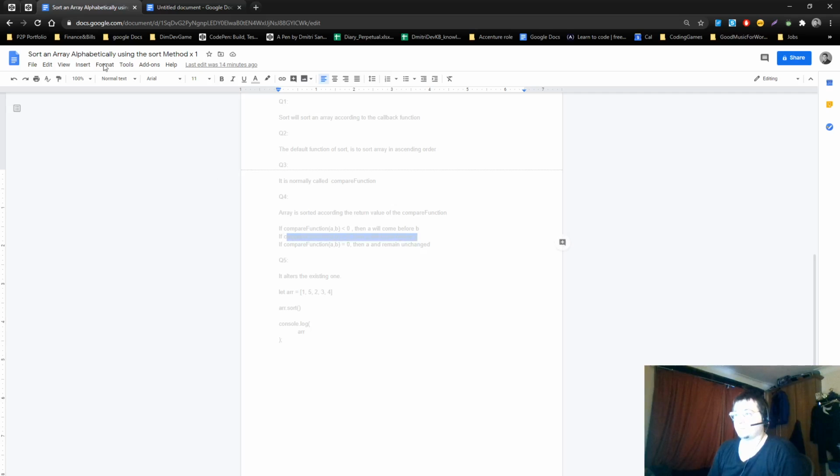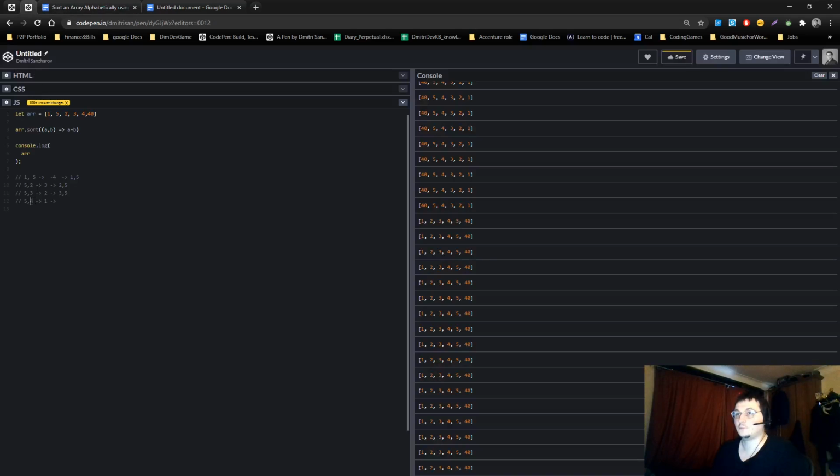It's positive, which means B, which is 4, will come before 5. 4, 5. Now, you have to understand this will keep going until it's sorted and there is nothing left to sort. This process will continue, right?